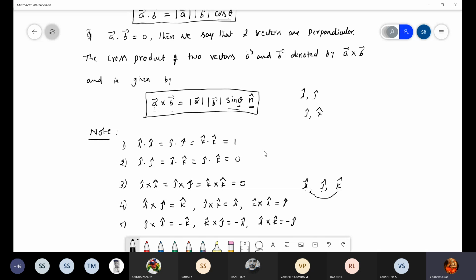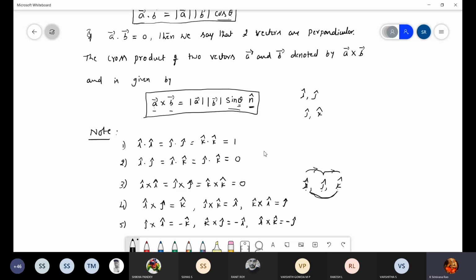This last note is not much important; I'm just giving it as information. Remembering this is very simple. You write i j k somewhere and go in the cyclic order, i with j, j with k, and k with i. In this order you get plus; if it is reversed, it is minus.